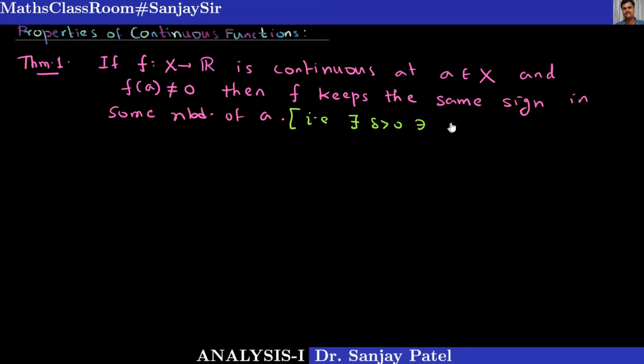That means f of x is positive for every x belonging to the neighborhood of a, or f of x is negative for all x belonging to N(a, delta). So this is the mathematical meaning that f keeps the same sign in some neighborhood.